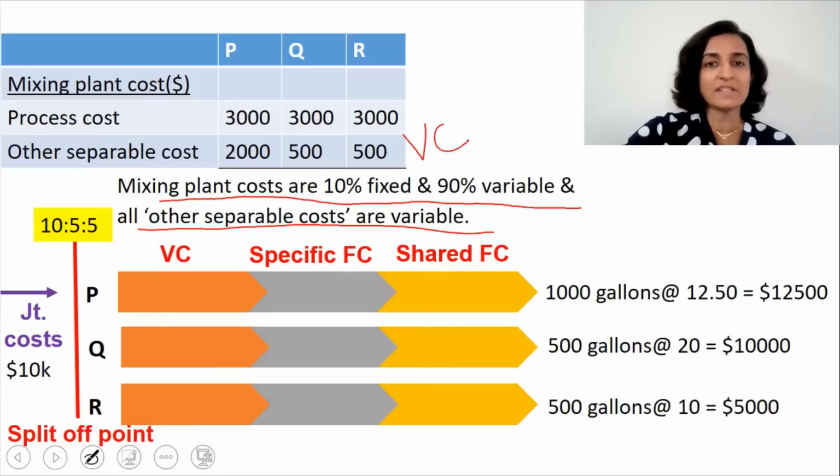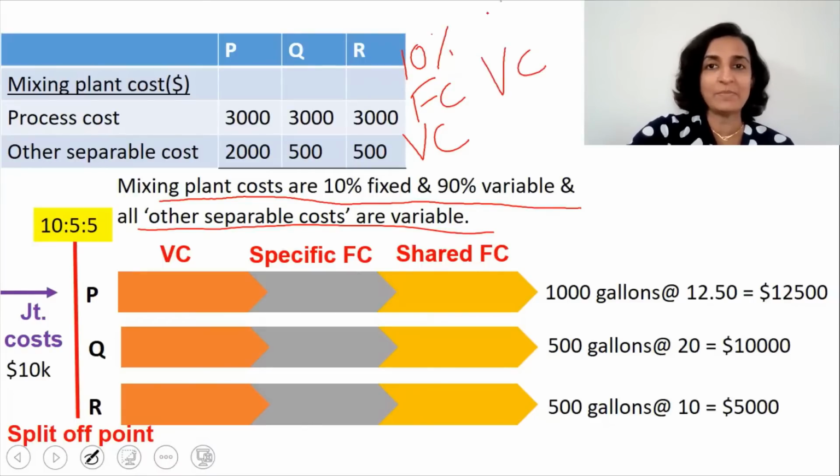Other separable cost is a variable cost, and process cost is fixed cost 10% and variable cost 90%.